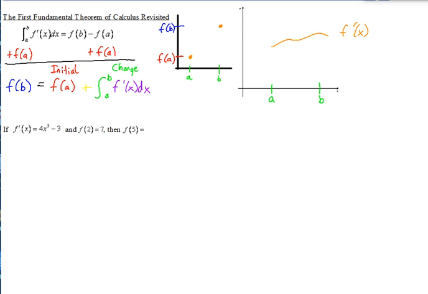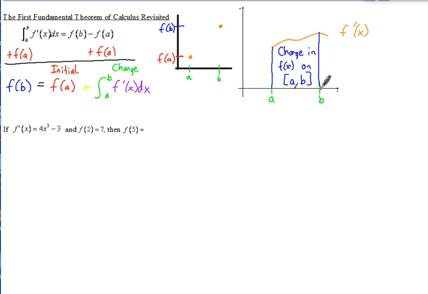Then, remember this definite integral, one of the meanings of it, represented the area between the curve and the x-axis, and it still does, but we see that area has more meaning than just area. This area, or this definite integral, represents the change in the original function f of x on the interval from a to b. So it means more than just area.